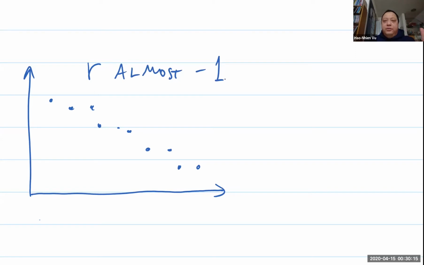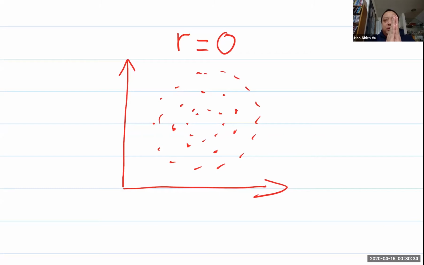So having +1 is really good. Having -1 is also really good. But if you cannot have that, then you take something that's almost +1 or almost -1. What you don't want is something 0. Something near 1 or -1 is good. Something near 0 is not good if you're looking for linear correlation.